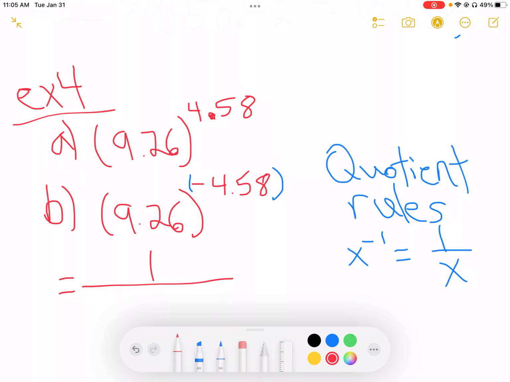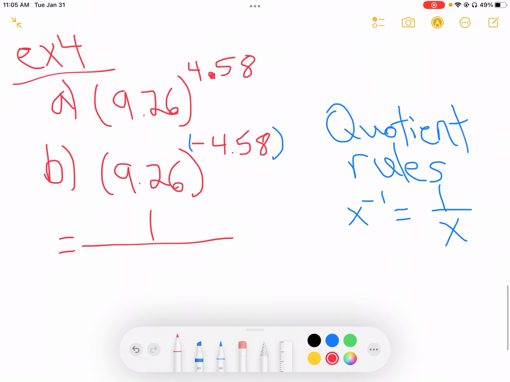I can say 1 divided by 9.26 raised to 4.58. So I can do 9.26 raised to 4.58, figure out that number, and then do 1 divided by that answer. All right, that covers lesson 6A.